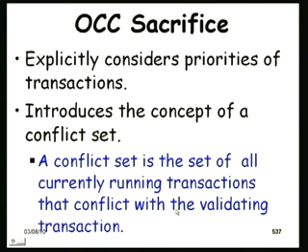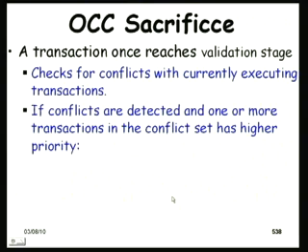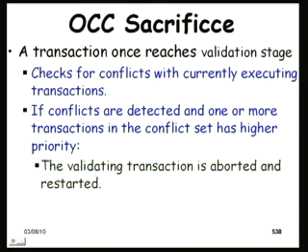So, for each transaction that is running, all other transactions that conflict in some operation are maintained, and once a transaction reaches the validation stage, it checks for conflicts with the currently executing transactions, and if any one or more transactions has a higher priority than the one that is trying to commit, then the validating transaction is aborted and restarted.